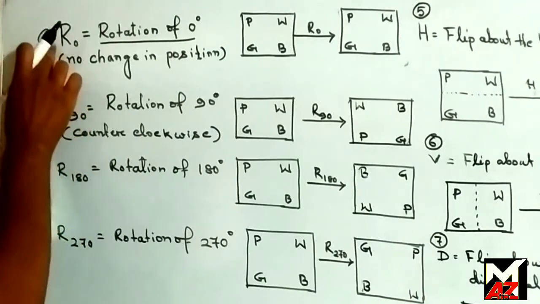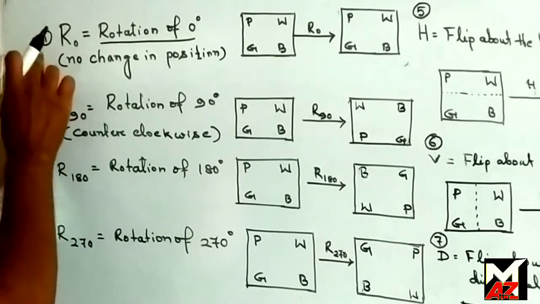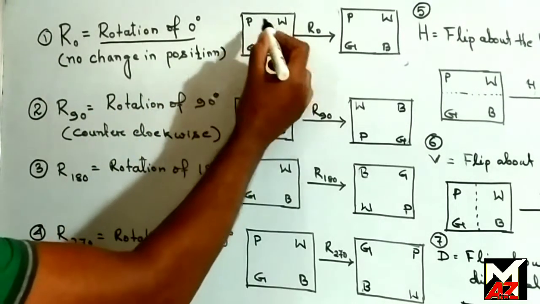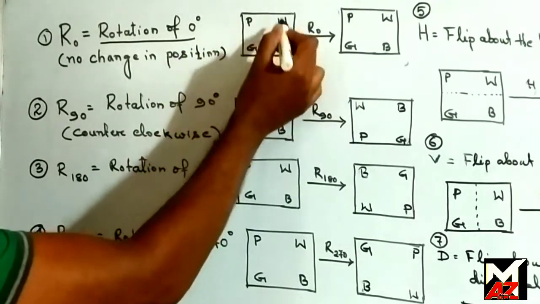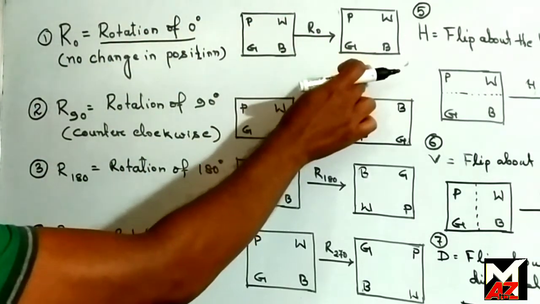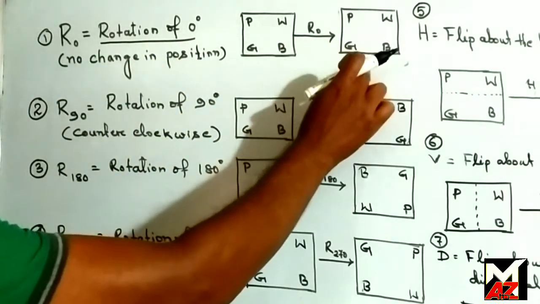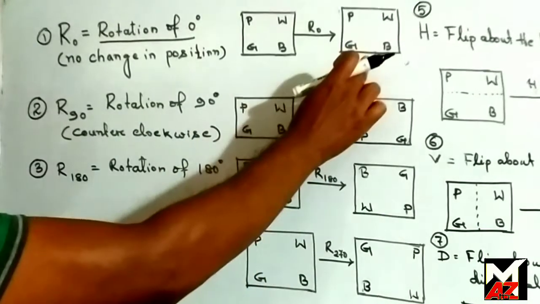This is denoted by R0. This is the first movement, and the square PWBG remains the same because there is no change in position. This is the first element, R0.